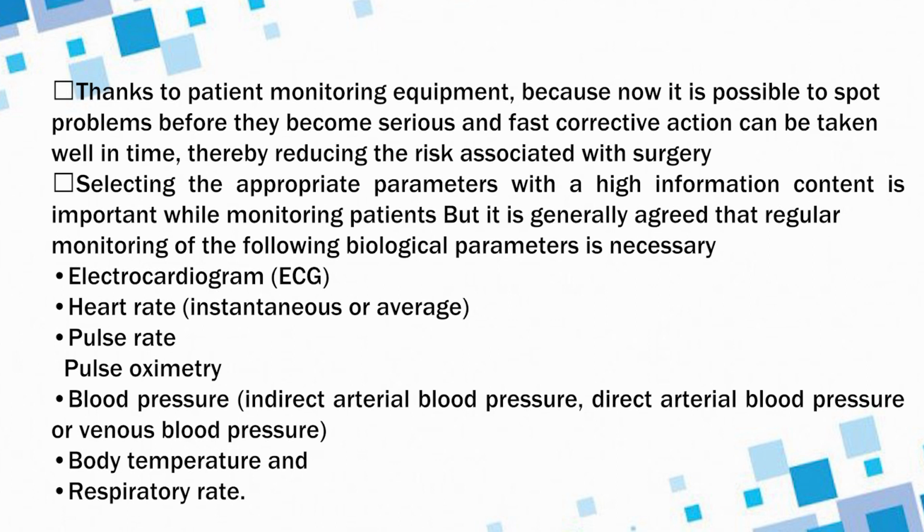Third one is pulse rate. Fourth one, oxygen saturation level, we call it SpO2. Next one, blood pressure, it can be indirect arterial blood pressure or direct arterial blood pressure or venous blood pressure. Next one is body temperature, and next one is respiratory rate.